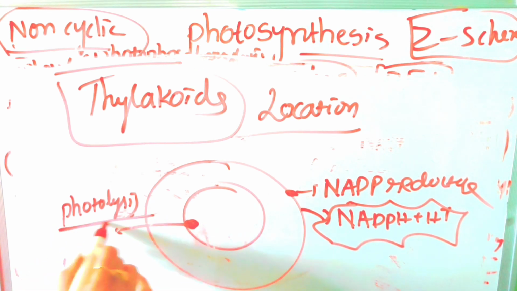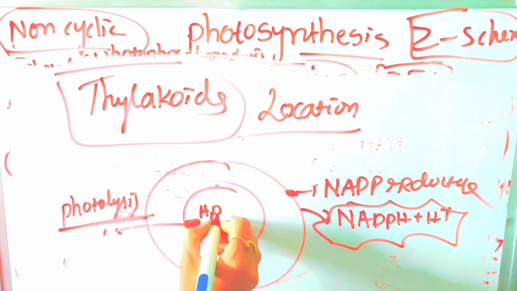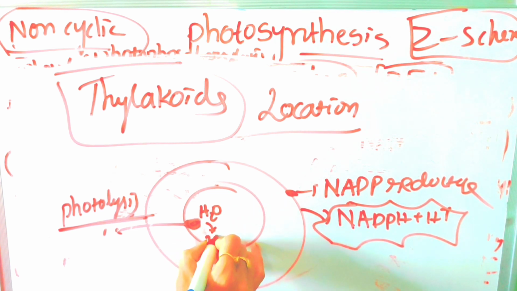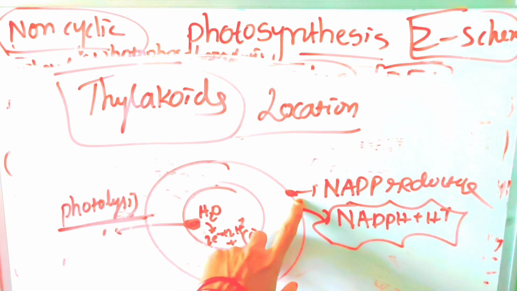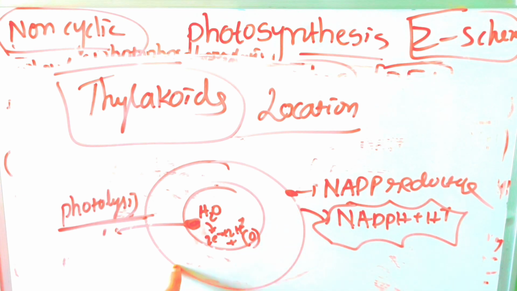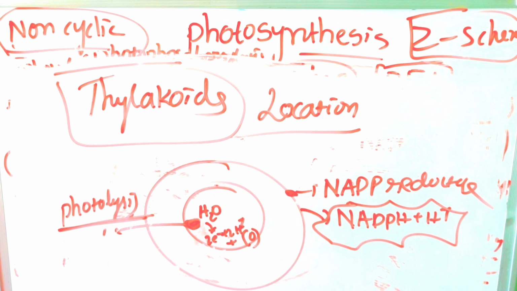This is the important complex for the splitting of the water molecule. Water is split into 2 electrons, 2 protons and 1 nascent oxygen. So these two important complexes are needed for the non-cyclic photophosphorylation reaction. This is very important NEET material covered in this chapter. Coming to the next class, cyclic photophosphorylation.